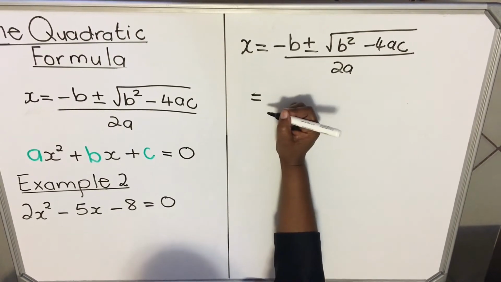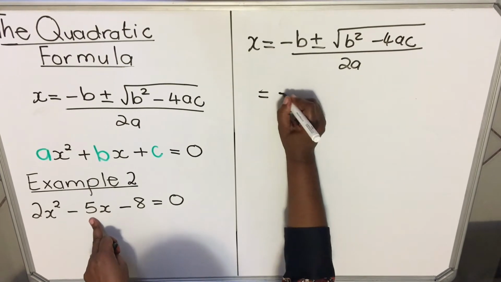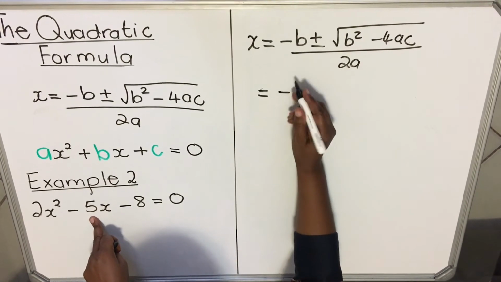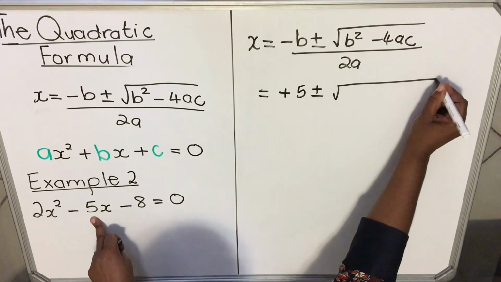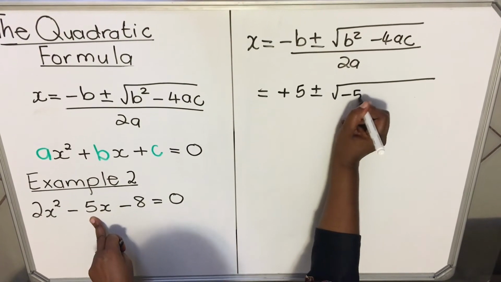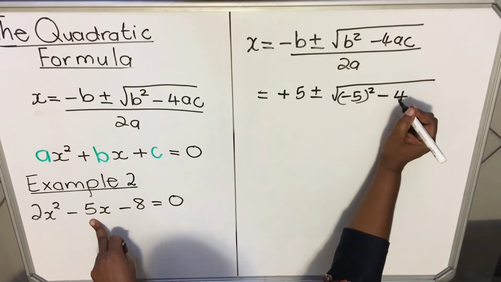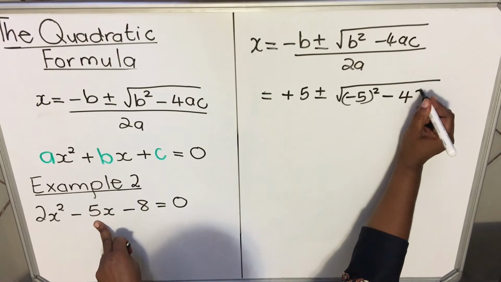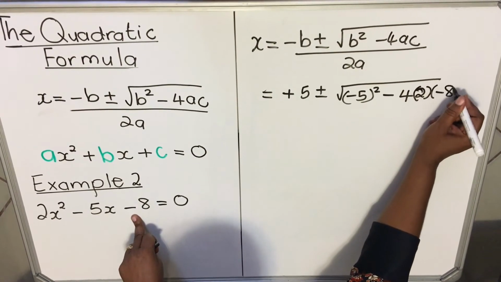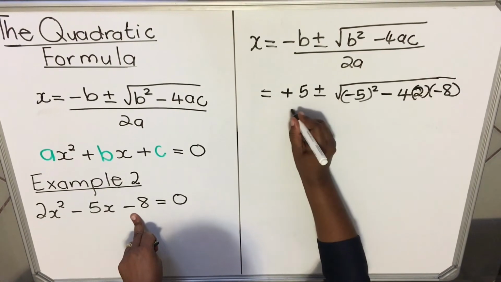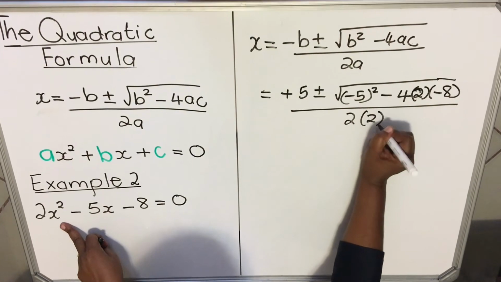Then your b, the number that goes with x, is minus 5. The formula comes with minus, so it's minus minus 5, it will be plus 5. Plus minus square root of minus 5 squared, minus 4 comes with the formula. My a is 2. My c is minus 8, over 2. My a is 2.